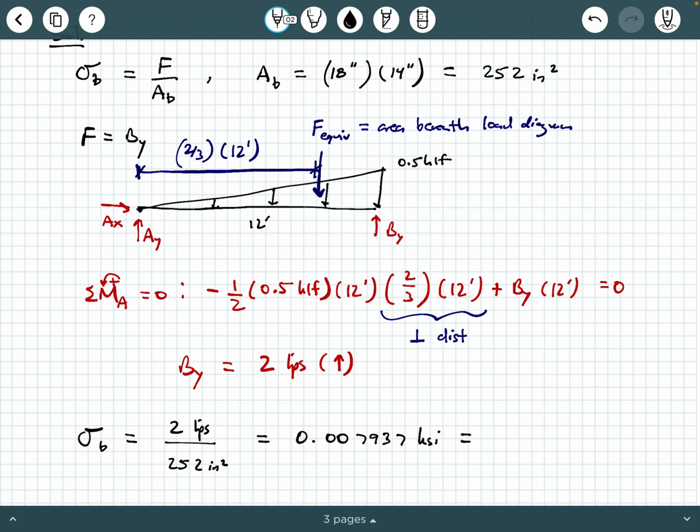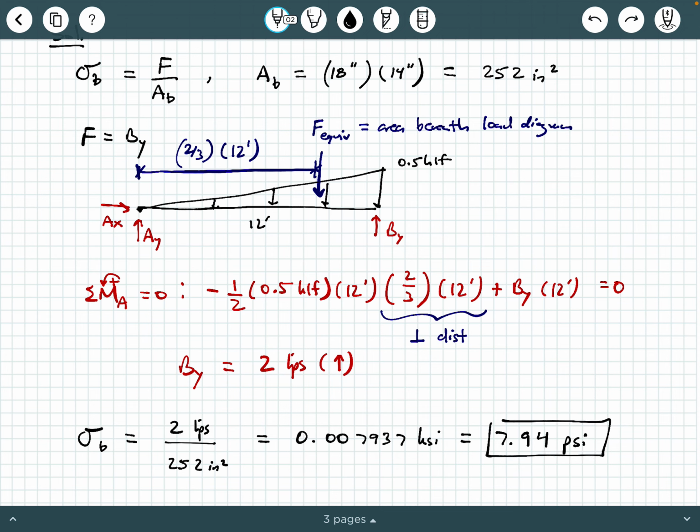That's kind of a small number, so how about we convert to PSI, and of course we would get 7.9, and I'm just going to round that to 3 sig figs, 7.94 PSI, pounds per square inch. Okay, let me make my box a little nicer.